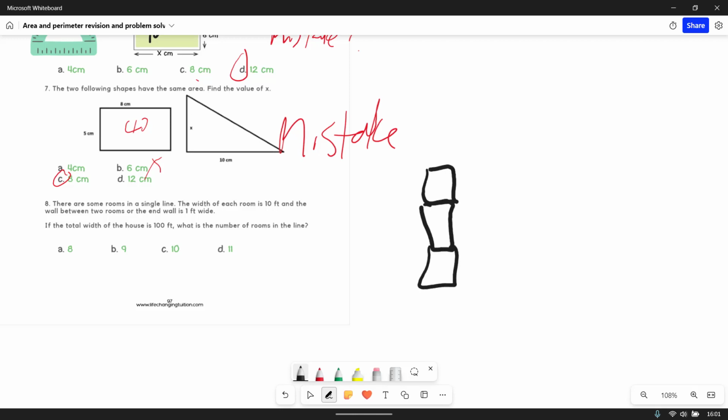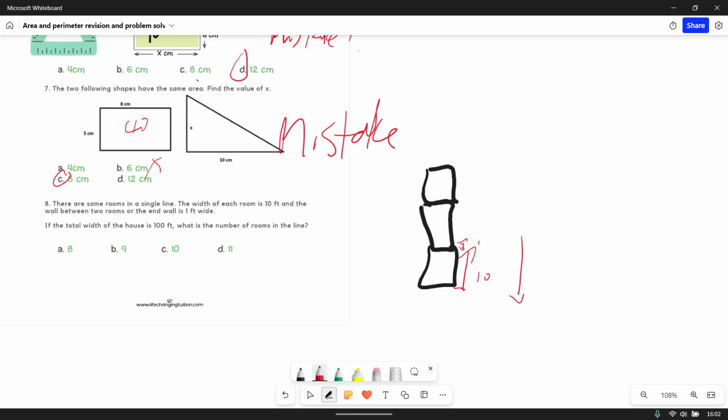All just matching, all the same length. The width of each room is 10 feet, so put 10 here. And each one of these walls is 1 foot. It should be 10 feet here, 10 here, and then this little bit is 1.